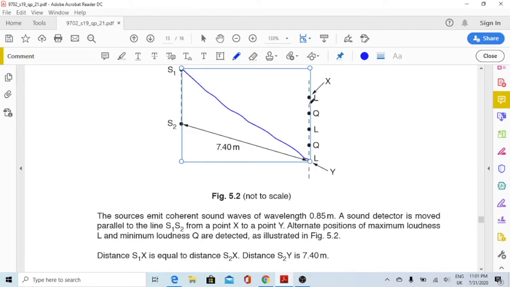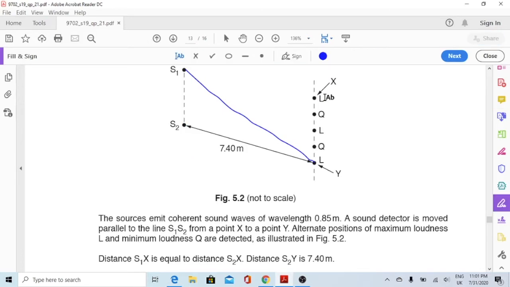This is a maximum point, and when this is a maximum point, it means that the path difference at this point L is 0. Okay.